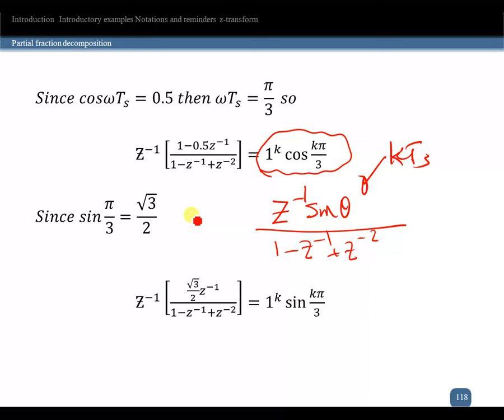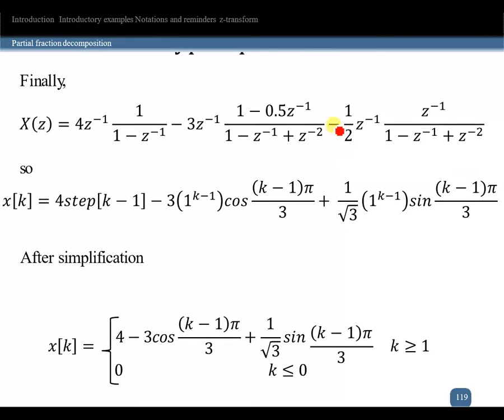If you put the theta here, it is π/3, which becomes √3/2. If you compare this one with my problem, you will see the coefficients will not match together. We multiply by some coefficient so they will match. In the end, you find one part is a cosine, one part is a sine, and one part is a step.